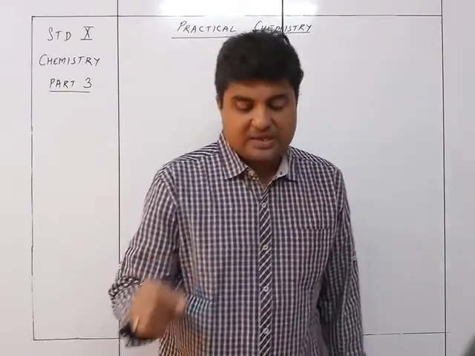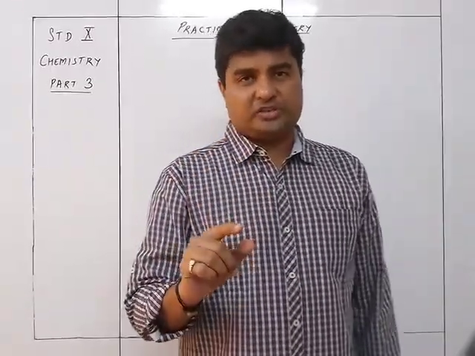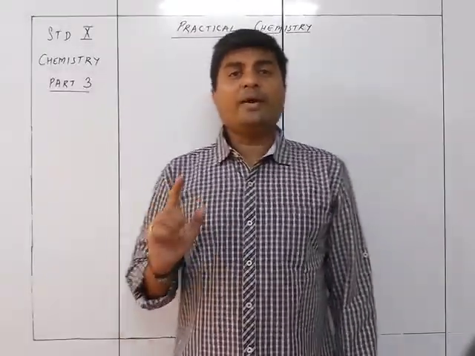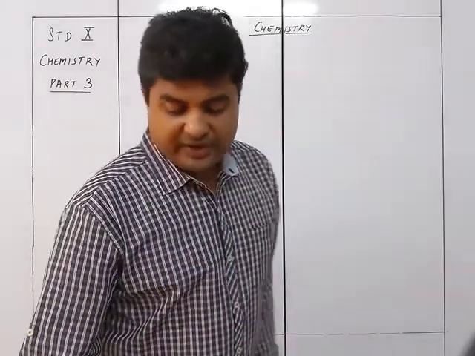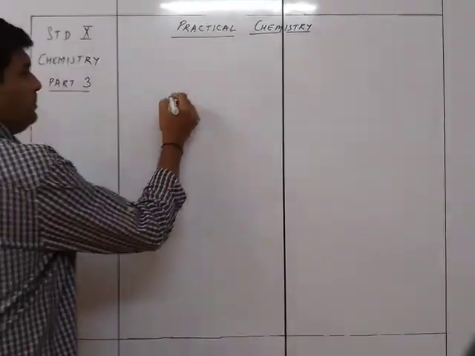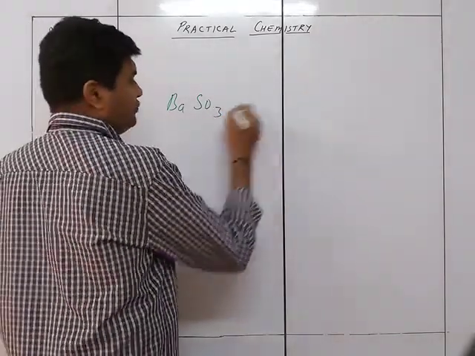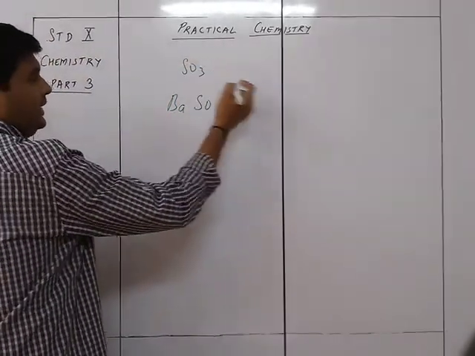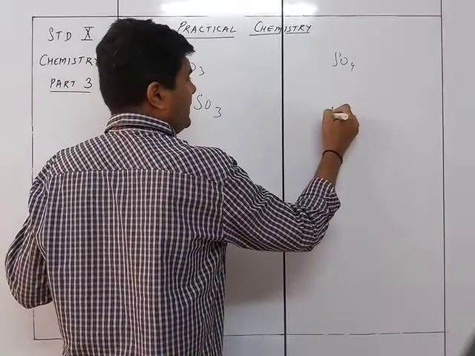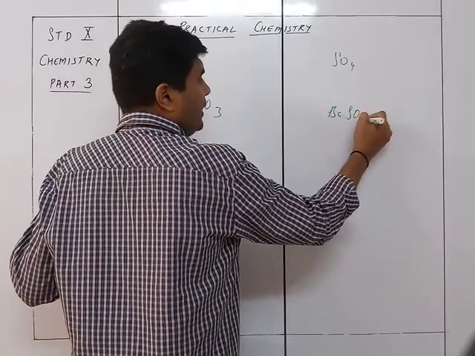So this is the most important difference. What is the most important difference over here? BaSO3 was formed with SO3, and SO4 gives me BaSO4. So what's the difference?